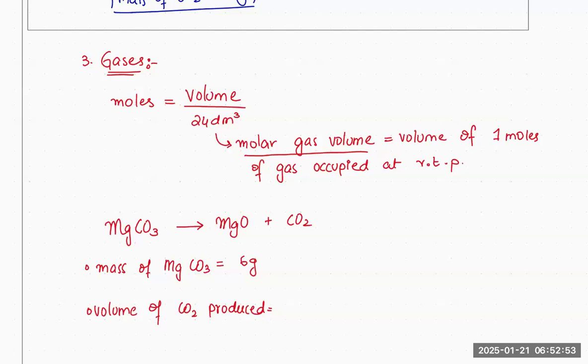Let's do magnesium reacts with steam to give you magnesium oxide and hydrogen gas.